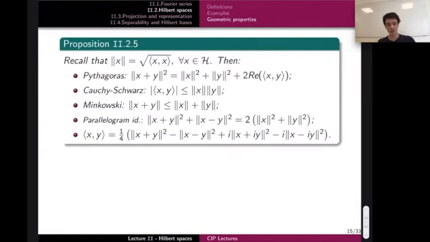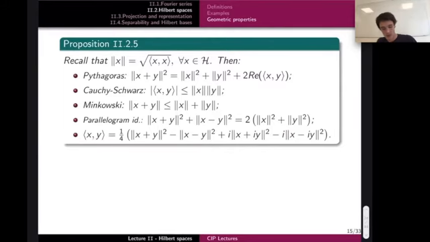And now some properties of the scalar product and the norm, the Hilbertian norm. Probably you know all of these properties already, so perhaps I will skip their proof, or at least partially, since these properties are already true in finite dimensions. For instance, you have the Pythagoras property.